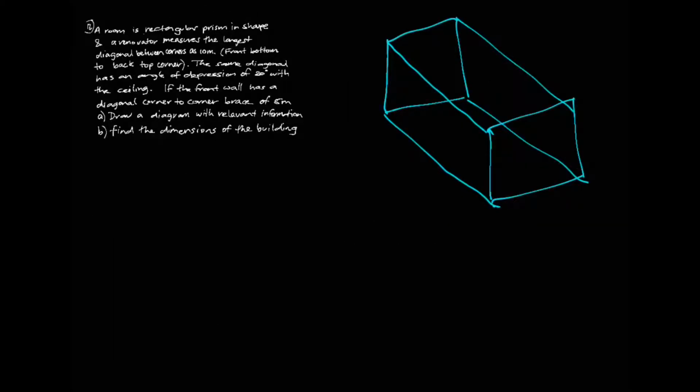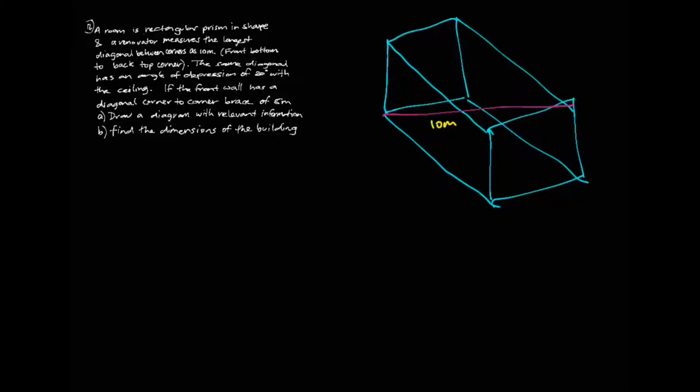Okay, so firstly we draw our rectangular prism. Now we've been told that he's measured from the front bottom to the back corner, so that would be this, and that's 10 meters. Now that same diagonal has an angle of depression of 20 degrees.